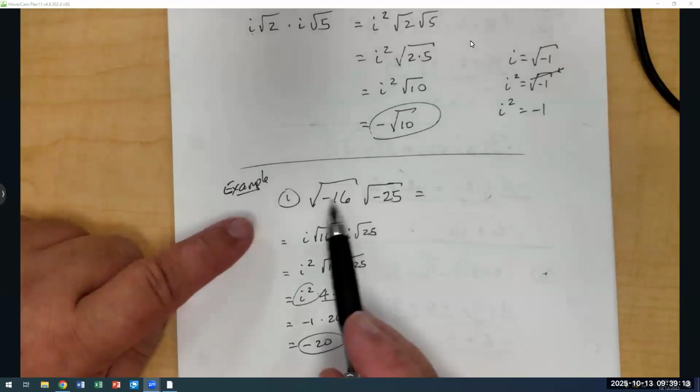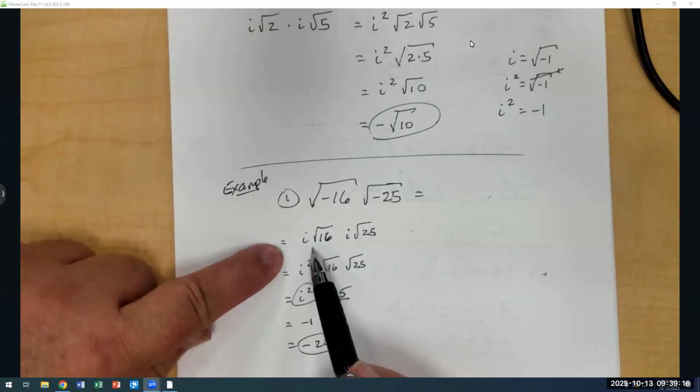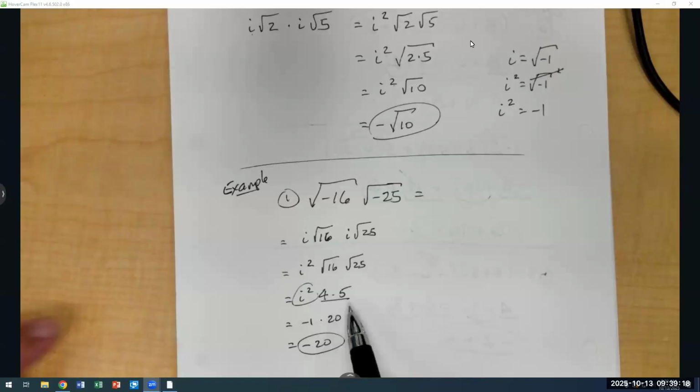That's how you work it out, step by step. Take out the negatives first. Simplify each of the radicals as far as you can go. And then start combining it all.